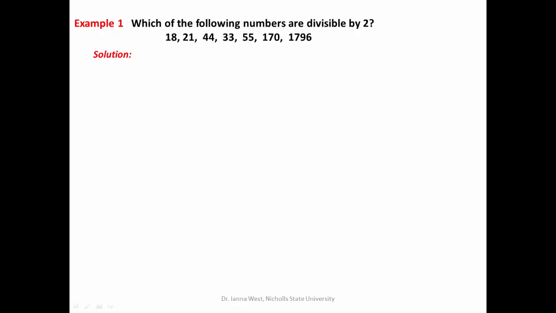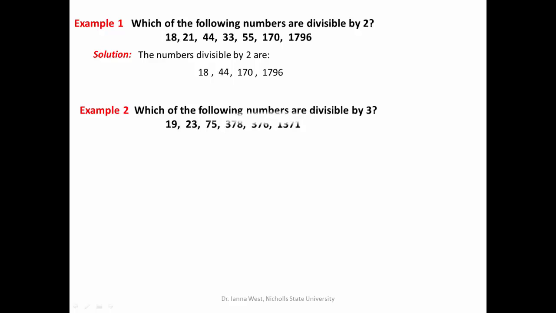When a number ends in one of these digits, the number is considered even. Therefore, the numbers from the list that are divisible by 2 are the even numbers 18, 44, 170, and 1,796.